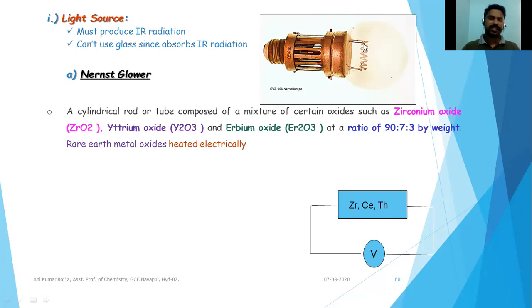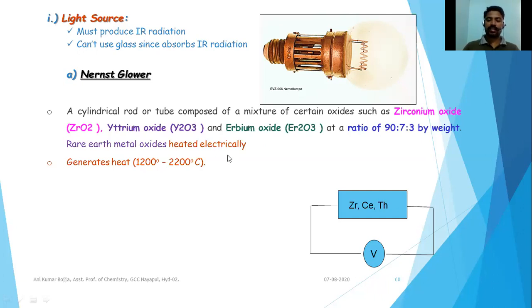It is the same simple phenomenon we observe in the electric bulbs that we use in our homes every day, right? It generates heat from 1200 degrees Celsius to 2200 degrees Celsius.